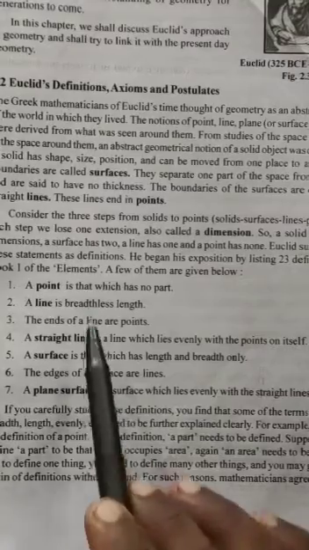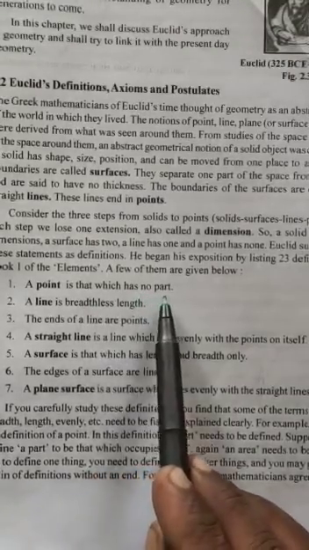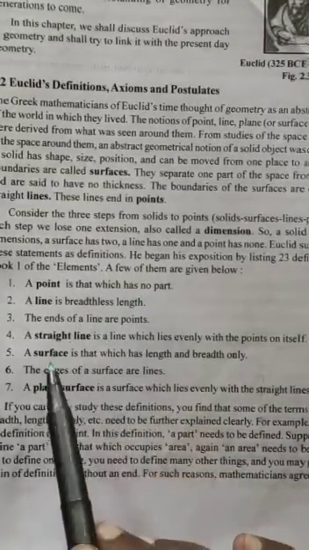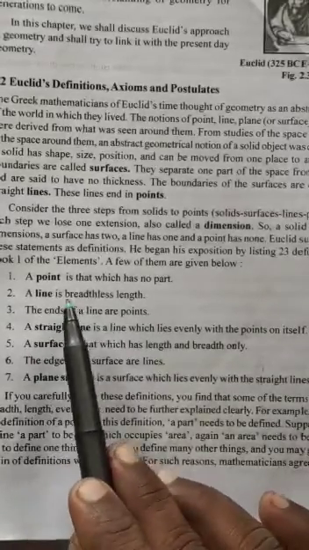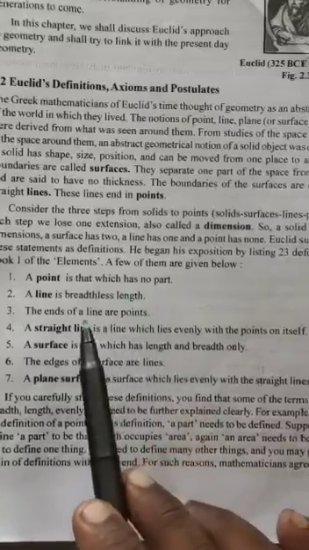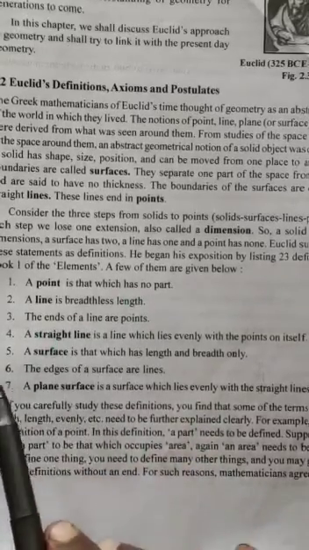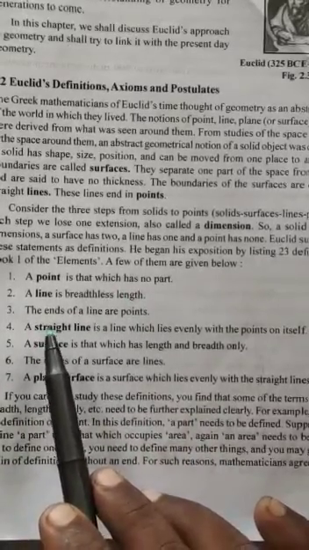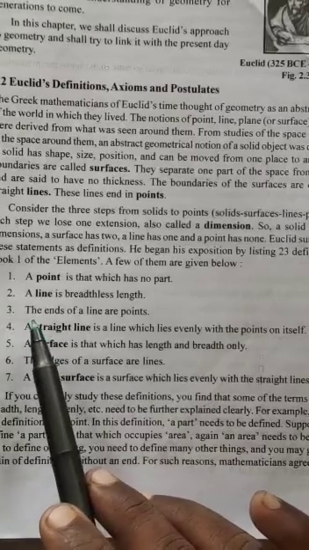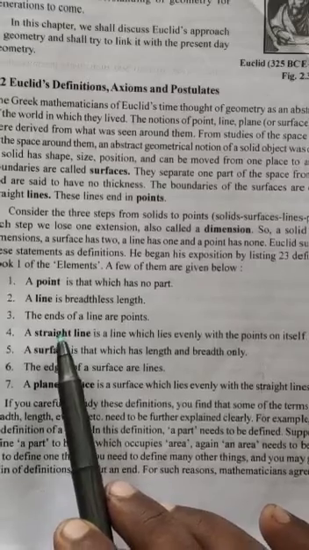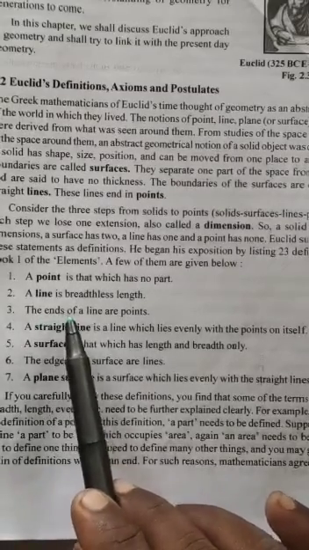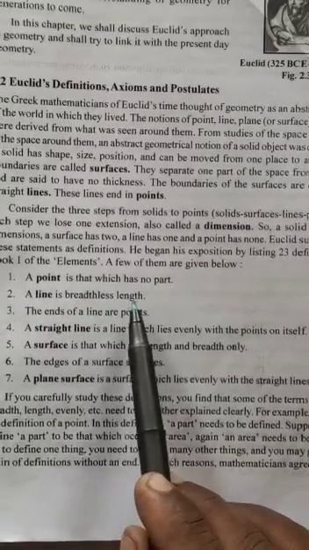A point is that which has no part. So we know that a point is the smallest geometrical figure, that which has no part. And also we discussed a line and a straight line. A line has only one dimension, that is length, there is no breadth. A line is breadthless length.